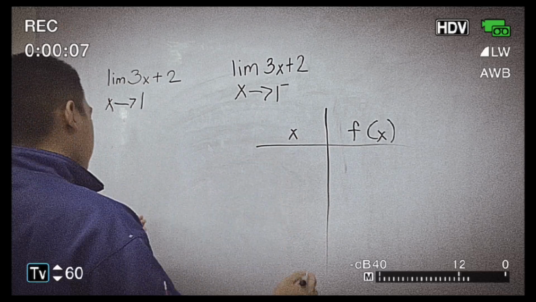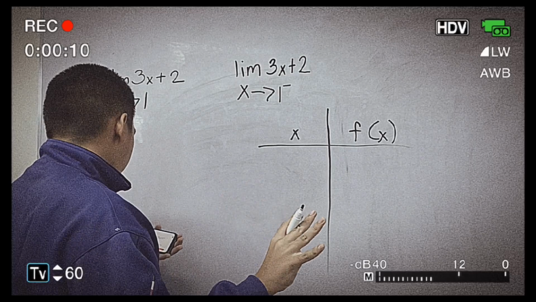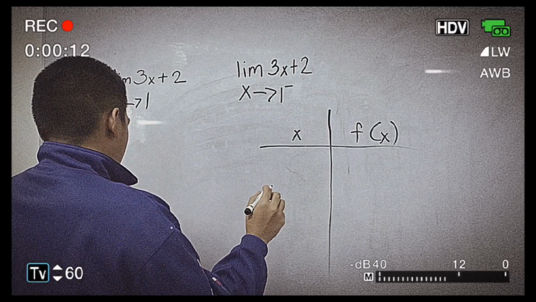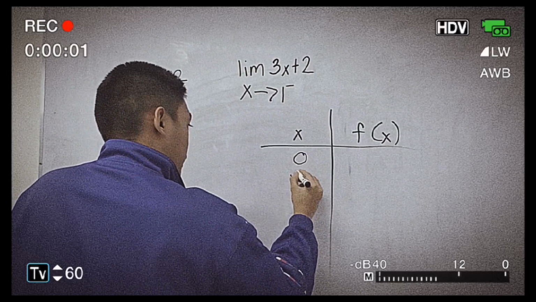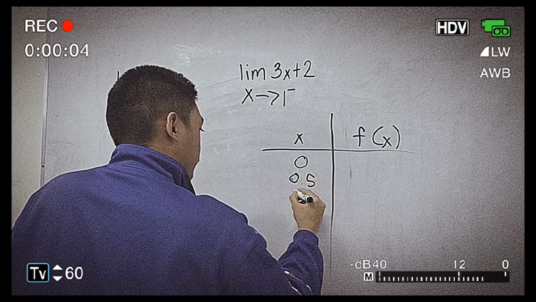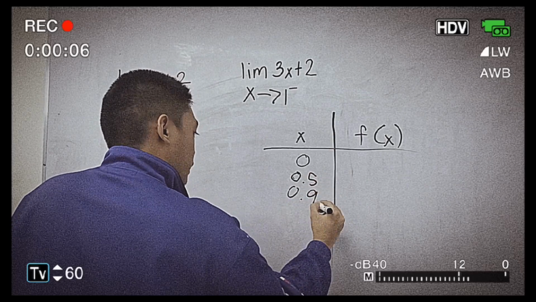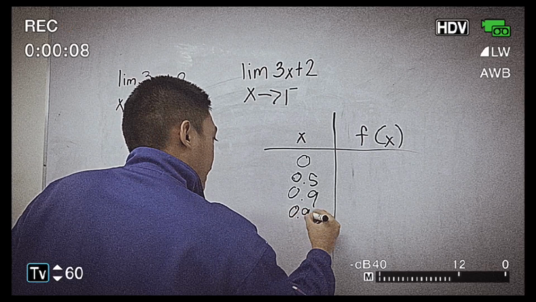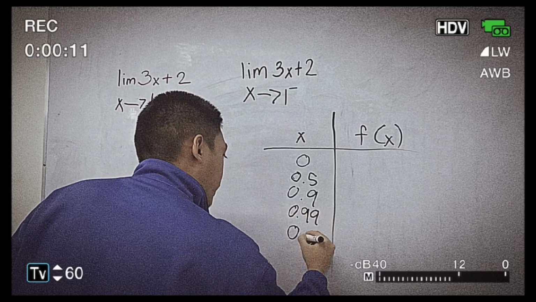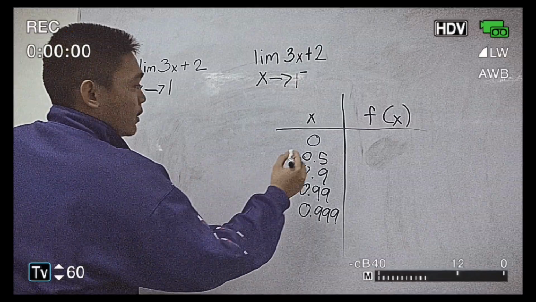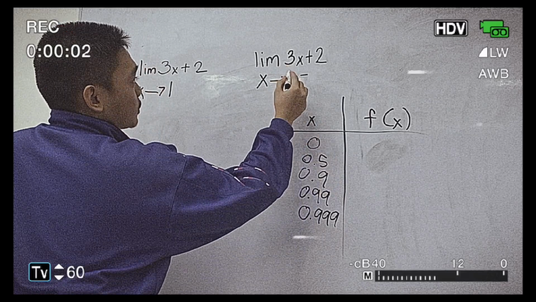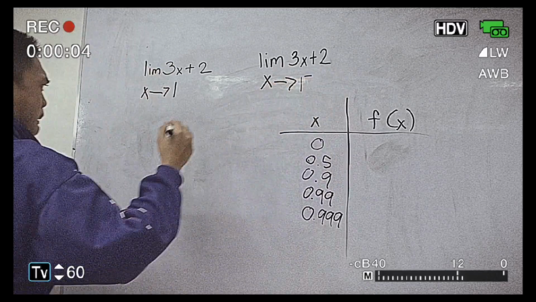Since we need 5 values of x, we will use the following: 0, 0.5, 0.9, 0.99, and 0.999.